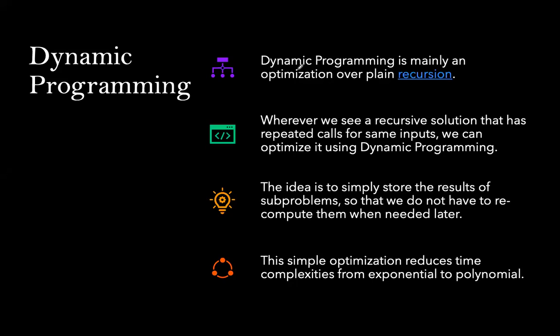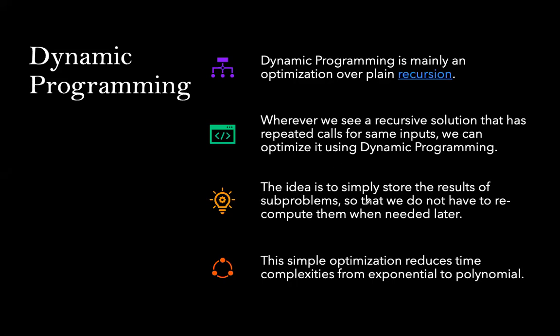So dynamic programming is again an optimization technique. If you have recursion, we'll try to remove that recursion and solve it iteratively. Wherever we see a recursive solution that has repeated calls for the same input, we can optimize it using dynamic programming.